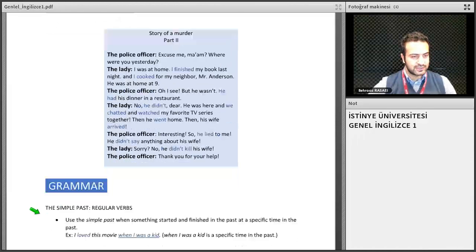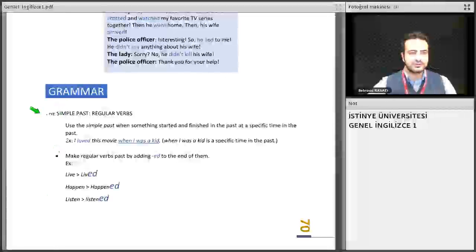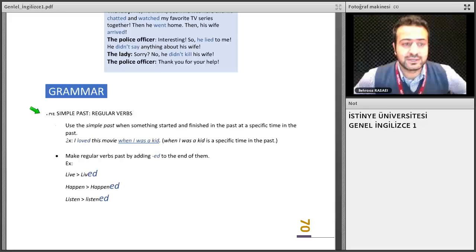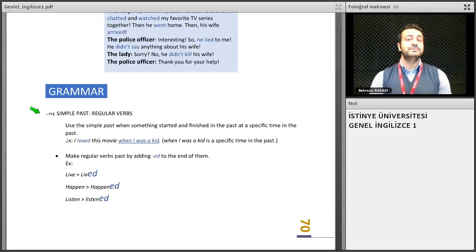So what are they? Today we are going to find out. So grammar is about the simple past regular verbs. So we are not talking about am, is, are, or was, or were. We are talking about verbs like go, watch, cook, kill. But we are talking about the regular ones.